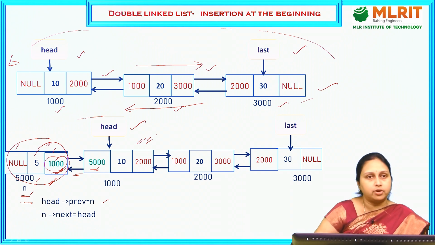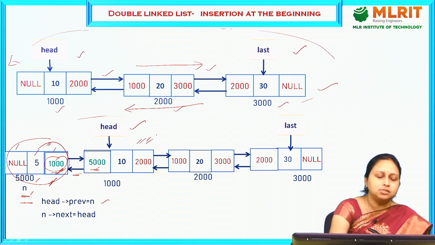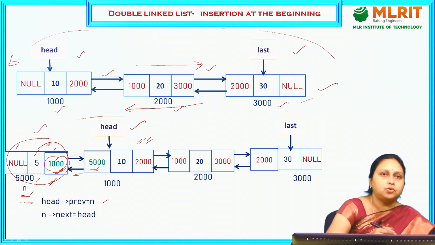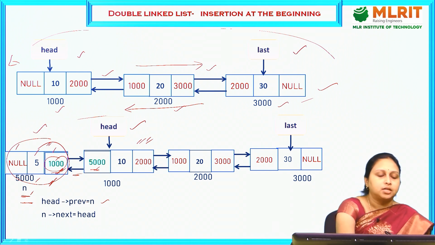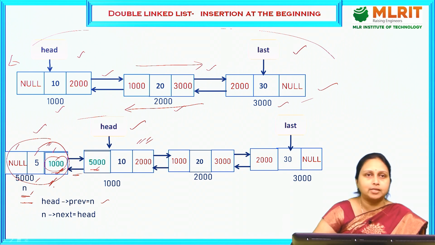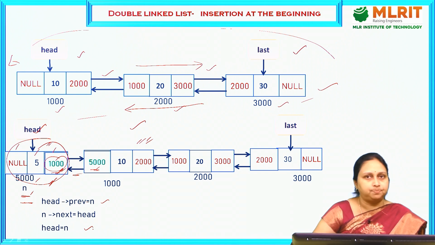That's why we write n arrow next equal to head. After making these 2 connections, this is the new node which we have inserted. Because of that, this becomes the first node and we need to name it as the head node. That's why we move the head from here and make this the head node: head equal to n. This is the step we need to mention.